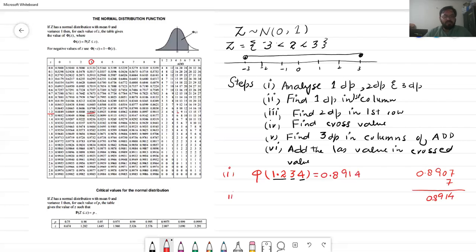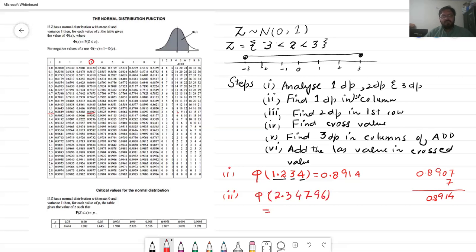The second example is if a number has more than 3 decimal places or fewer than 3 decimal places, first you have to arrange the terms like this. Say the number is 2.34796. First of all, you have to make it 3 decimal places. You have to observe the fourth digit.